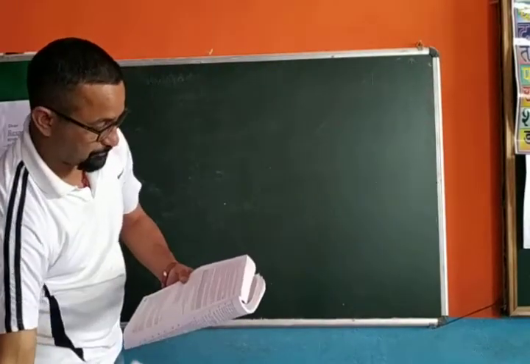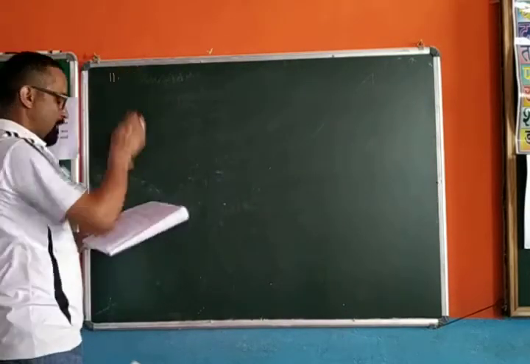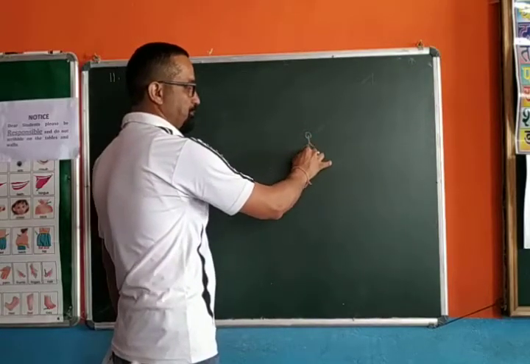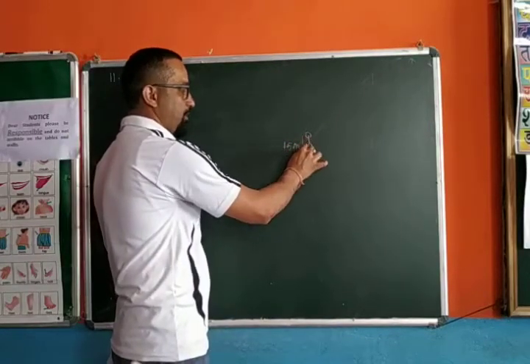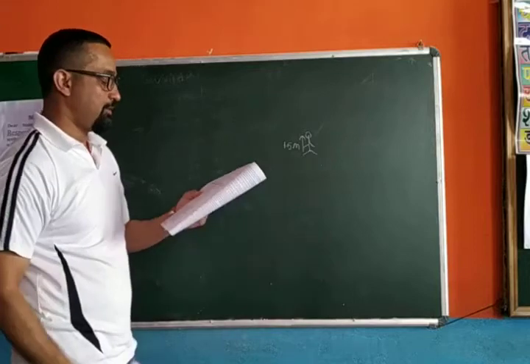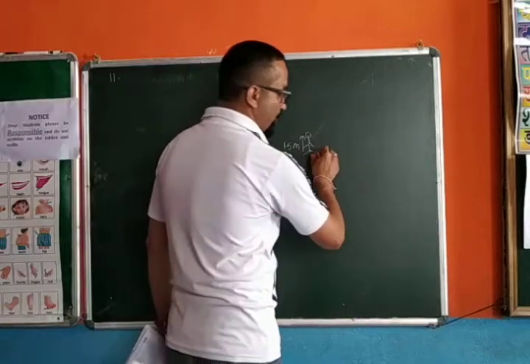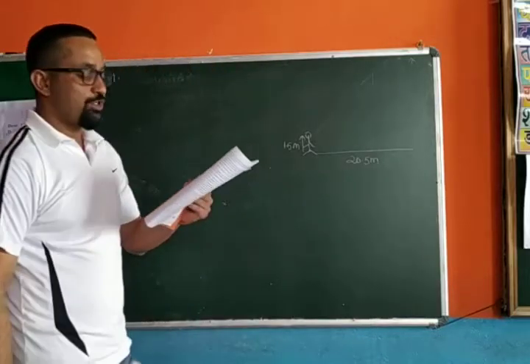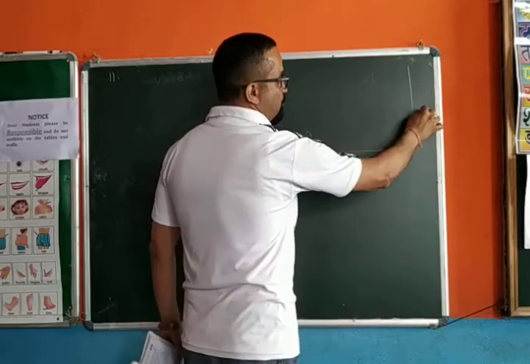Question number 11. It is an important question. Question says that an observer 1.5 meter tall, height of the observer is given 1.5 meter, is standing 20.5 meter away from the tower, which is 22 meter high.